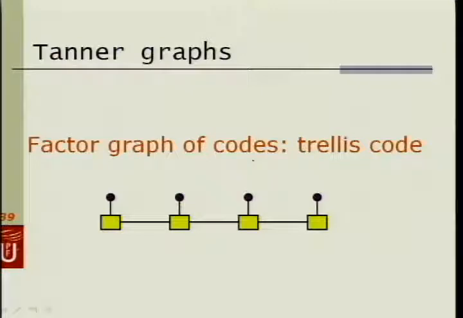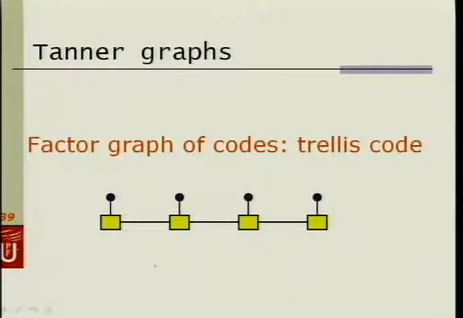And consequently, if we have a trellis code, we have a factor graph having this form, in which we simply take the trellis, consider it section by section, define the Iverson function associated with each section of the trellis, and align these blocks in the factor graph.